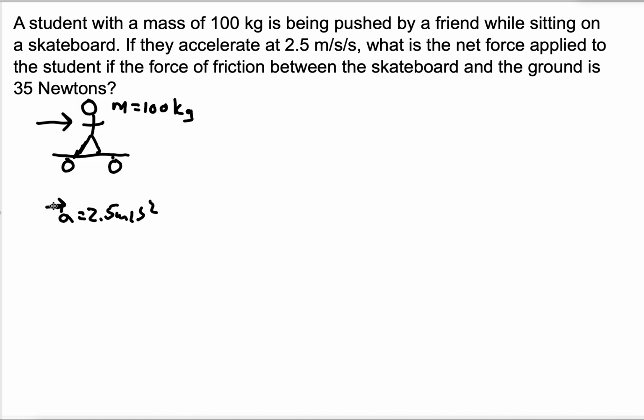I want to know two things. First, what is the net force acting on the object? And then I want to know what is the force being applied to me by my friend if the force of friction between the skateboard and the ground is equal to 35 newtons.